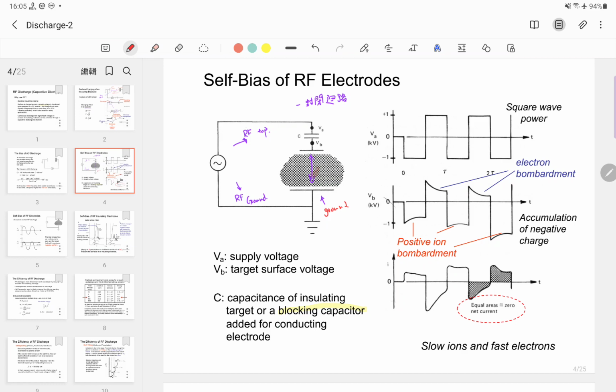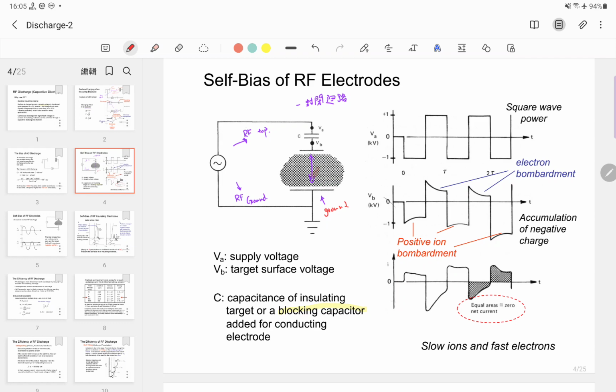The second curve shows the transient V sub B, the potential on the electrode surface after we place the blocking capacitor. At time zero, the plasma is generated.